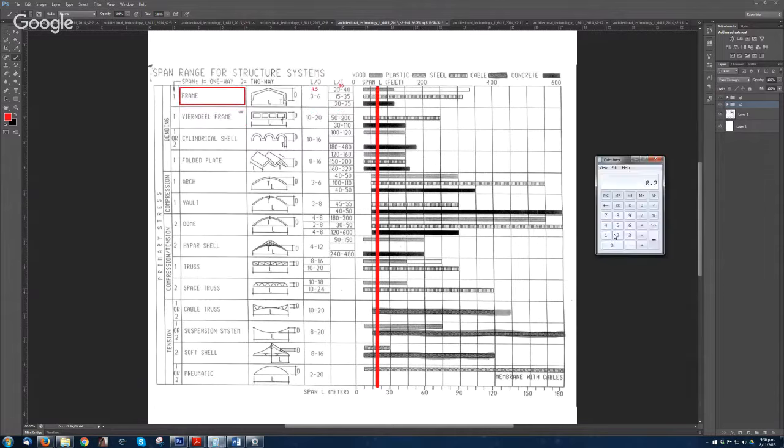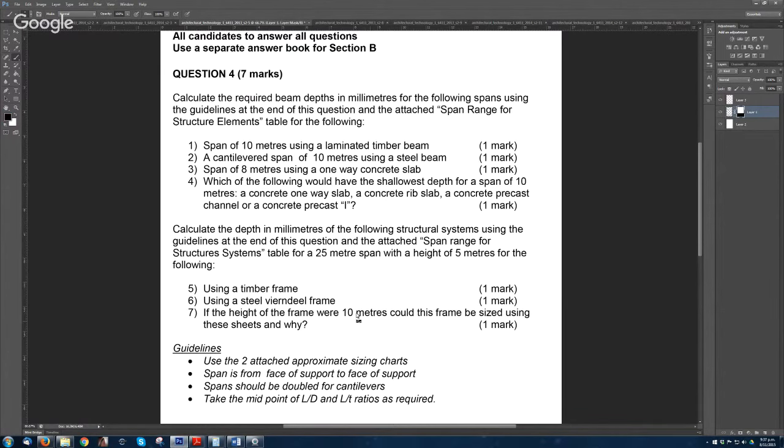Take your calculator again. 25 divided by 4.5. So it's going to be 5.5 meters for the timber. So can you use timber frame to get a 10 meter height? It's no, because the maximum is 5.5.